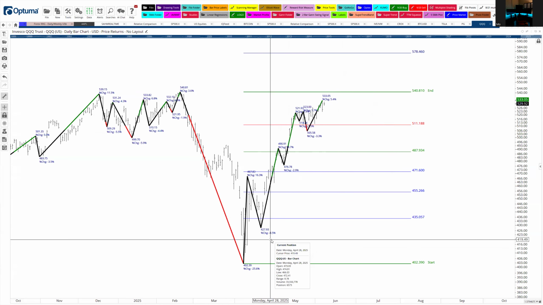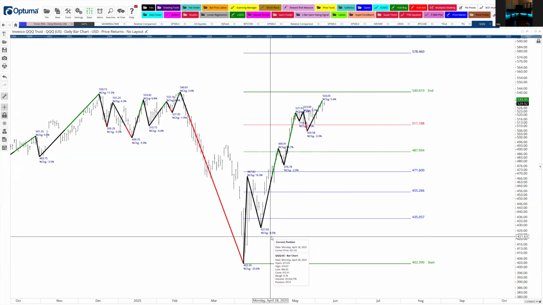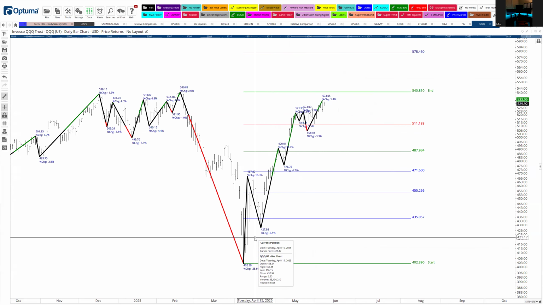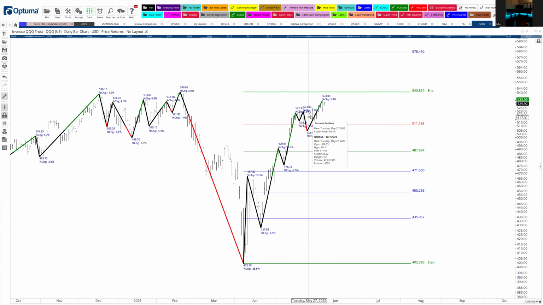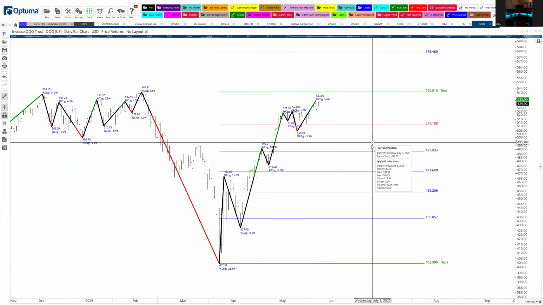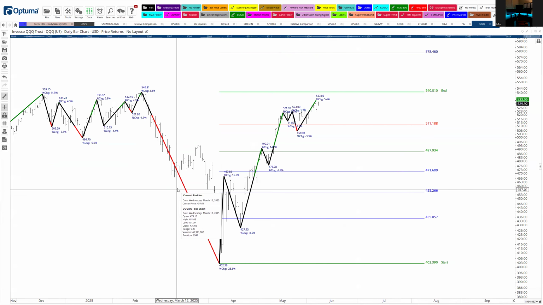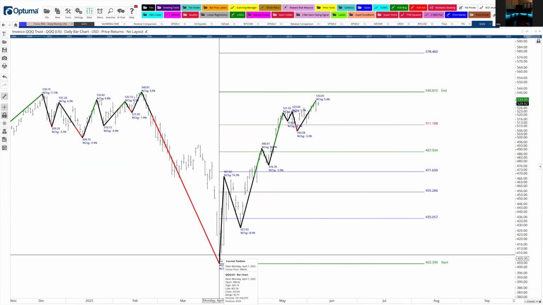The downside here was 8.5% on this swing. There's no labeling here, but this is all I need. You make the same case here, ABC to the downside.